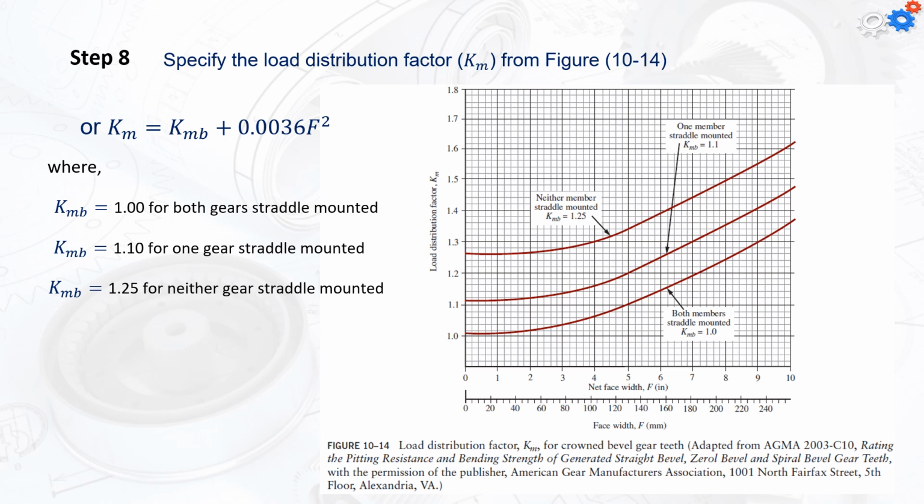Based on that, choose the KMB, then multiply it by the face width squared multiplied by 0.036. Or simply, if you know the face width and the straddle mounting, you choose one of the curves on figure 10-14, do the intersection, and you will find the value for the Km.